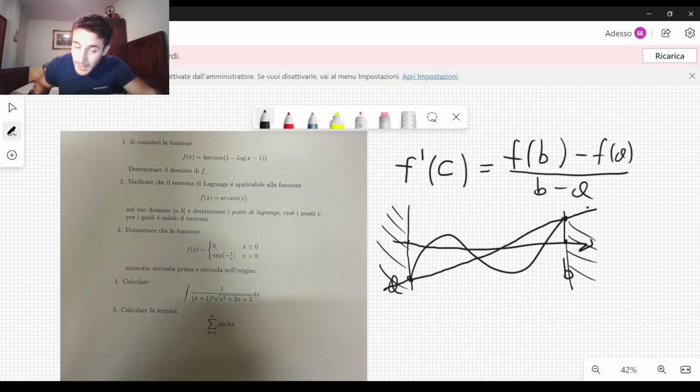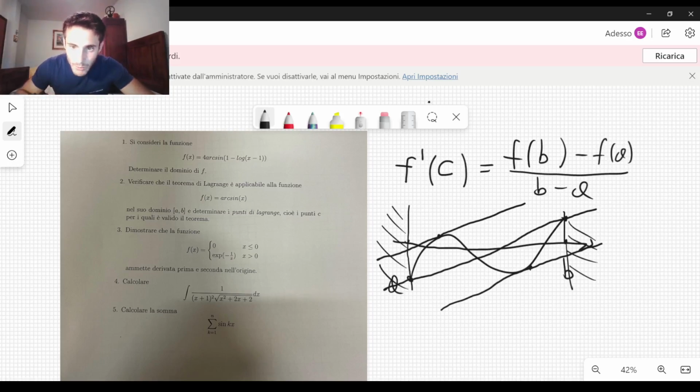The theorem tells us that there exists a point C such that the slope of the function is equal to the slope of this line. So for example, I can see that this point might comply with this theorem, because the slope here is very close to this line. And there might be another point. Actually, there will be another point somewhere here, because here we will have a similar slope.